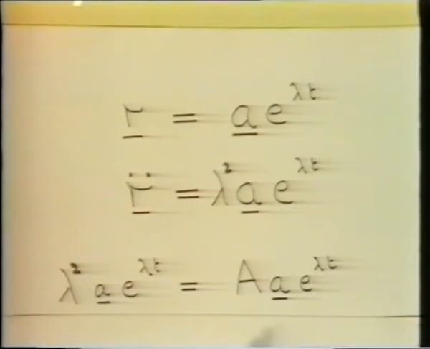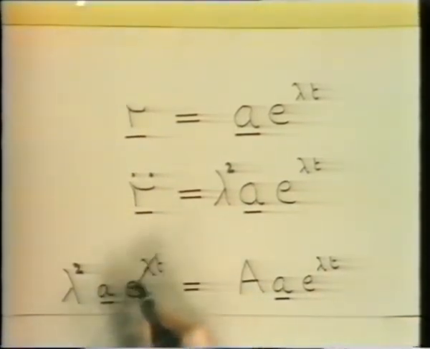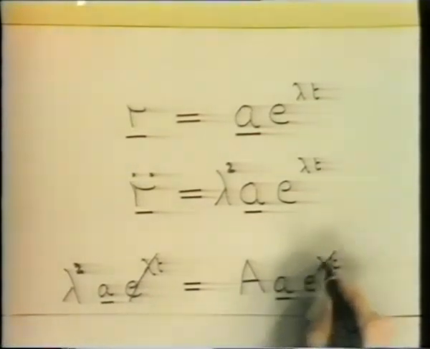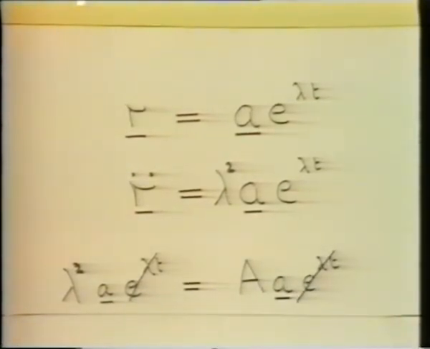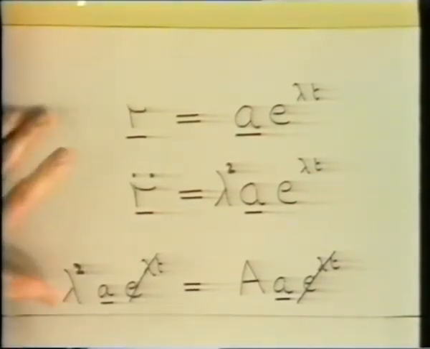Now, e to the lambda t is never zero, so I can cancel that. And that just leaves this condition. So what I've shown is that this is a solution of my differential equation just so long as the vector a and the constant lambda satisfy this condition.